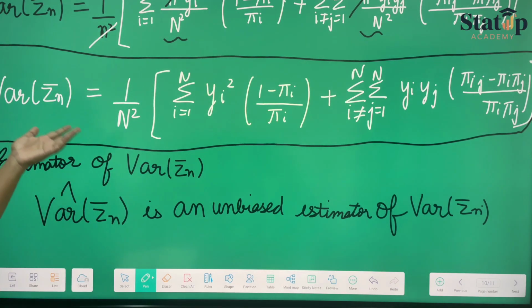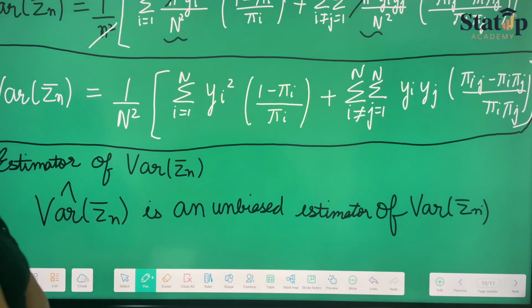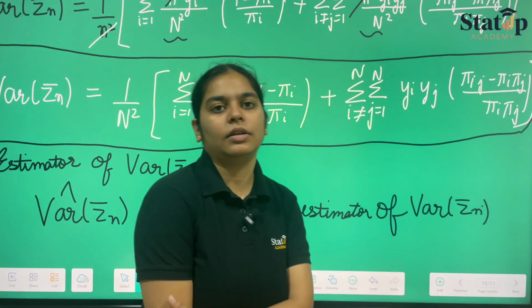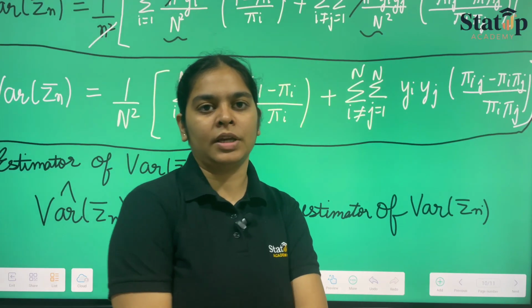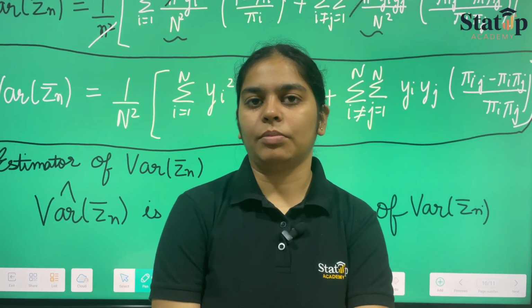We can just write the exact values here, and then we'll get the estimator of the variance of z̄n. So this completes your Horvitz-Thompson estimator, and with this we complete PPS, probability proportional to size sampling.